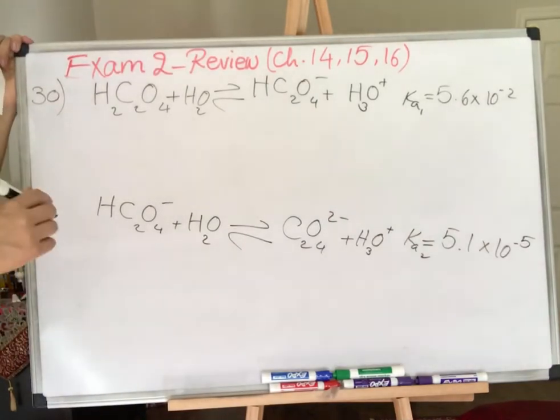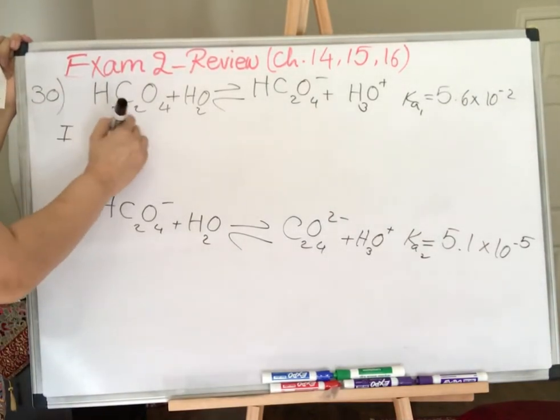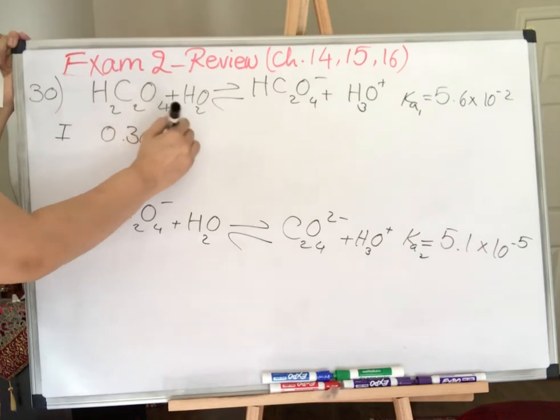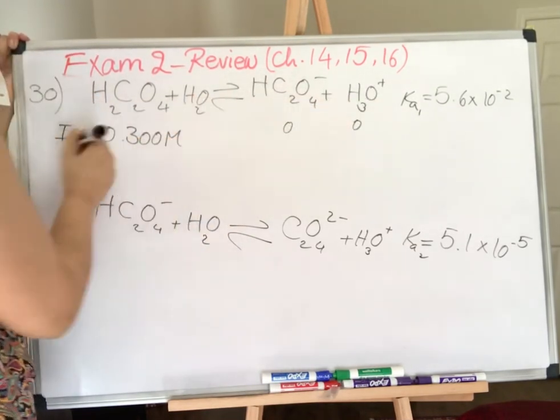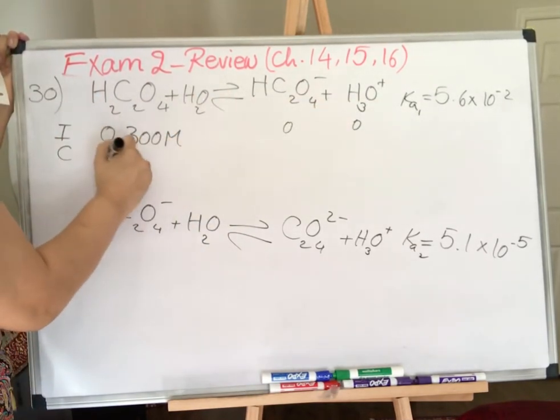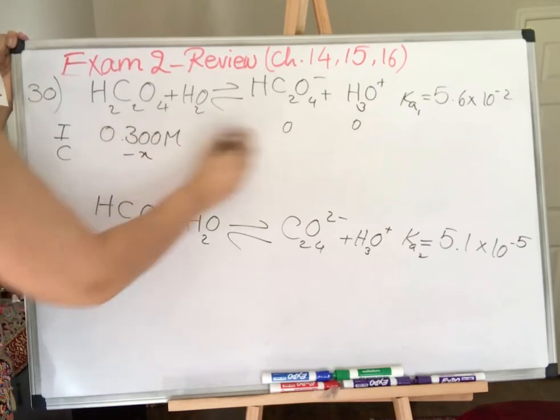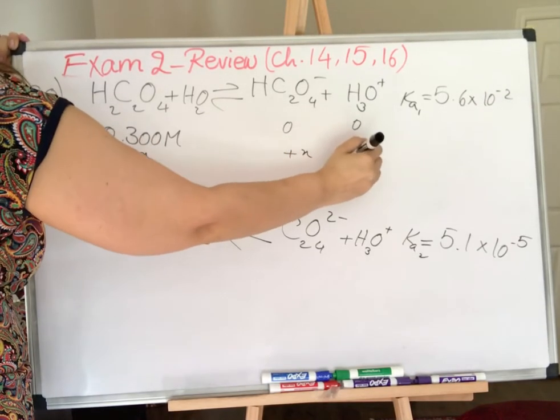So initially we have 0.3 molar, 0, 0. During the change we have minus x, plus x, and plus x.